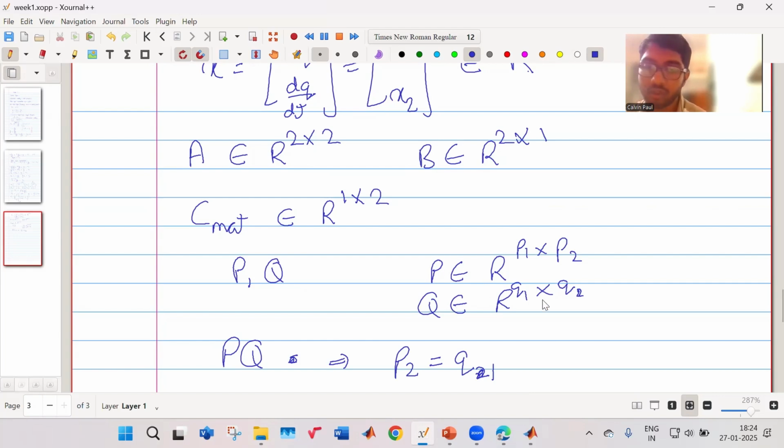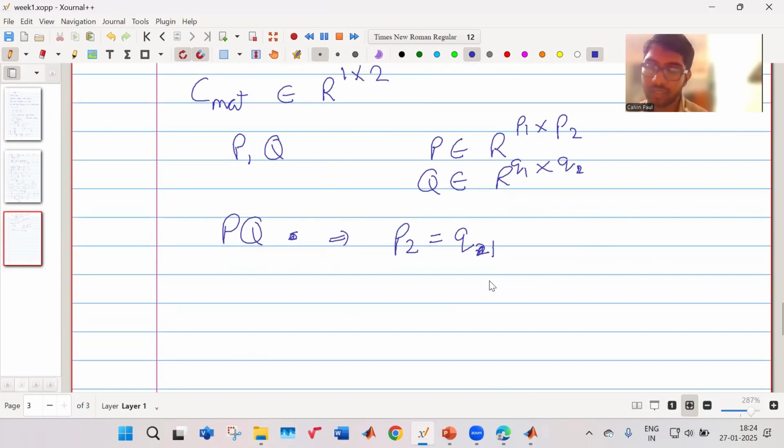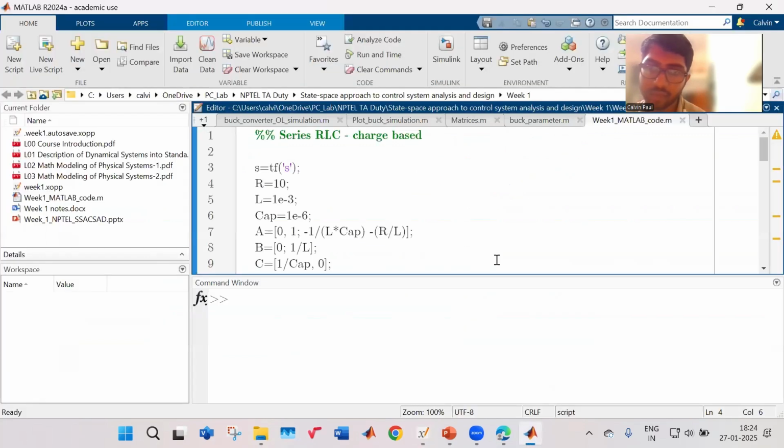Okay. So what I have done is I have written a MATLAB code for a series RLC system, and I have done it through the charge-based approach. Okay, so I will just explain what it is. I am using this line of code for generating a transfer function, and transfer functions we write in terms of s.